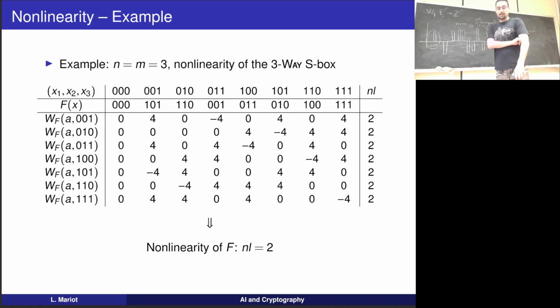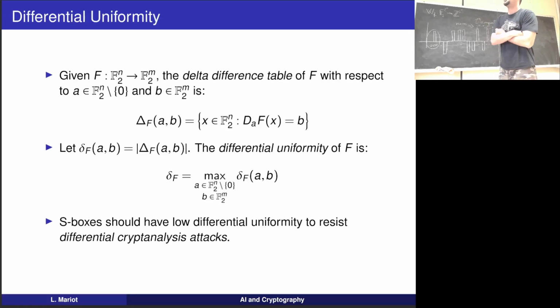And finally, the last important property for Sboxes is what is called differential uniformity. Nonlinearity before had a similar role to what we saw with Boolean functions. For Sboxes, the problem is that if you have an Sbox with a low nonlinearity, then you can do an attack called linear cryptanalysis in an efficient way.